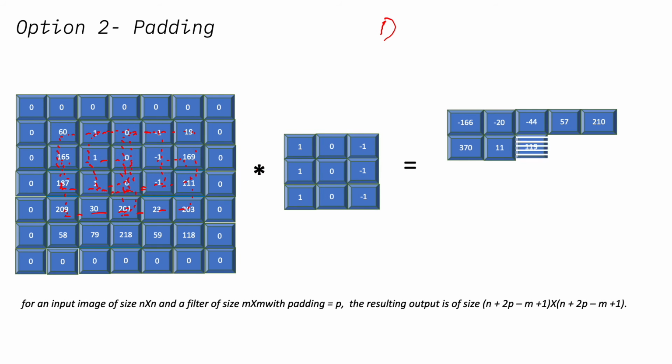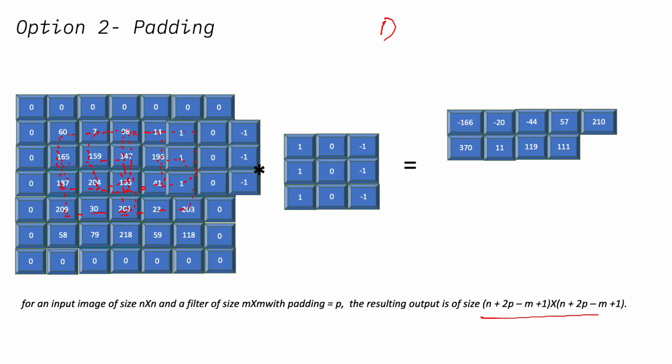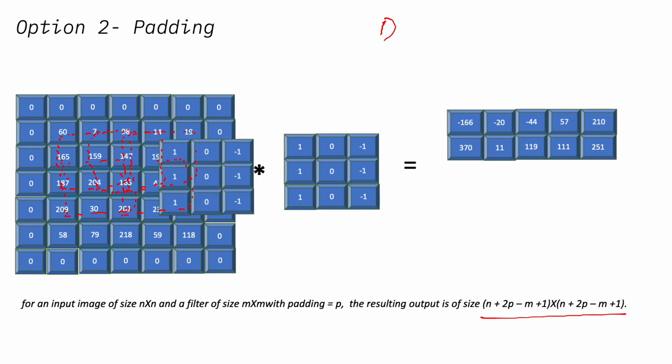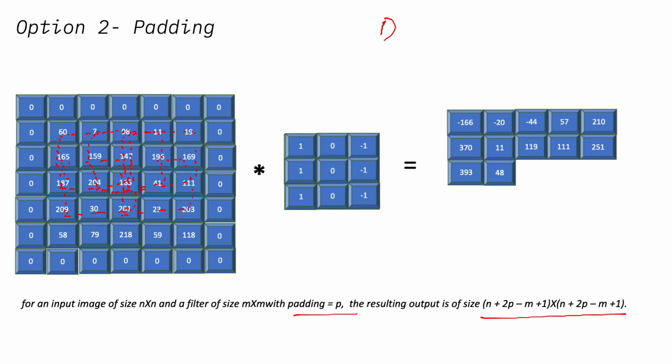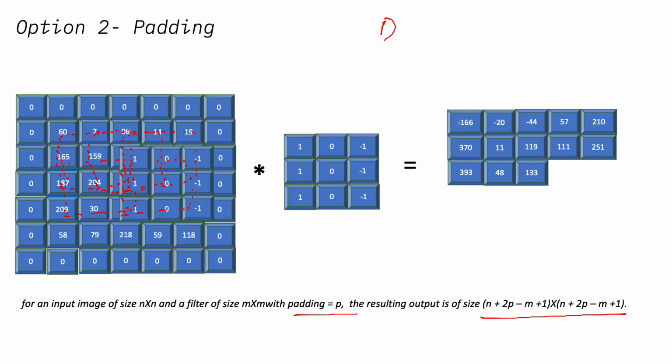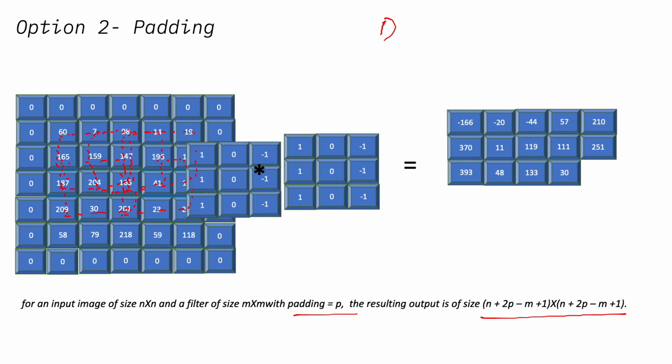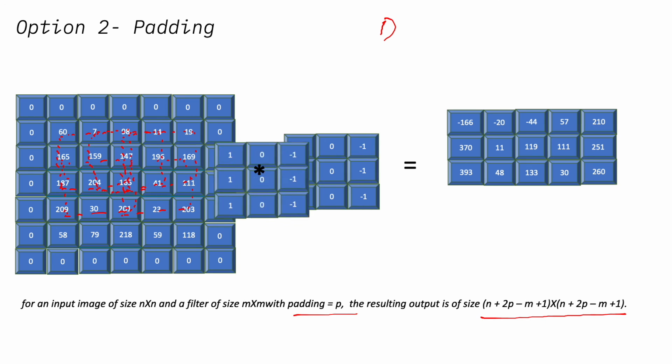There's also another formula that you derive over here to understand what the output size would look like if you apply a padding of size p. In this case, your padding was size 1, which means you added one row and one column full of zeros.